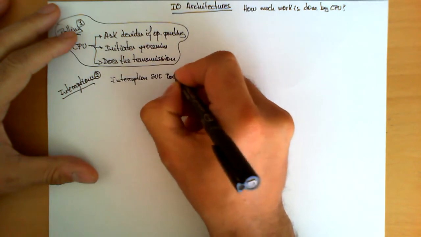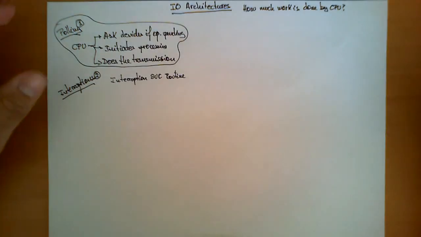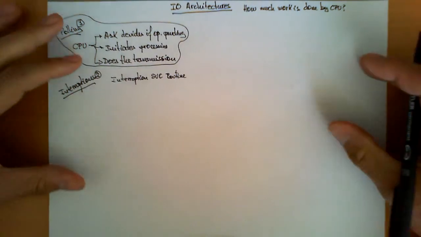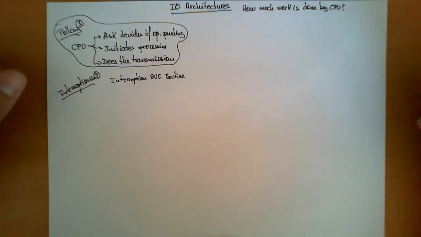So this is as if the CPU is still doing most of the work except the step of asking if the device is ready to do some input-output operation. The device is the one notifying.